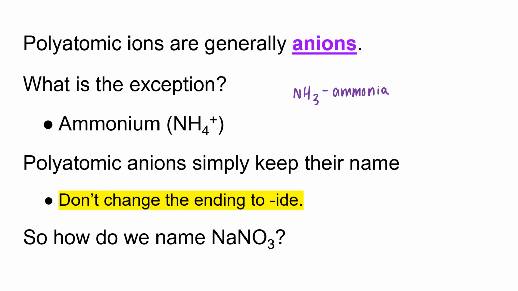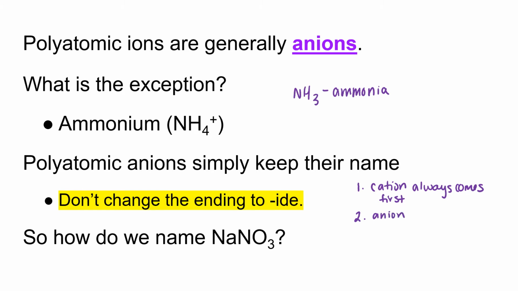When we are writing the names of ternary compounds that include polyatomic ions, we're going to follow rules similar to what we looked at for binary naming. So the cation always comes first, and then the anion will come second.